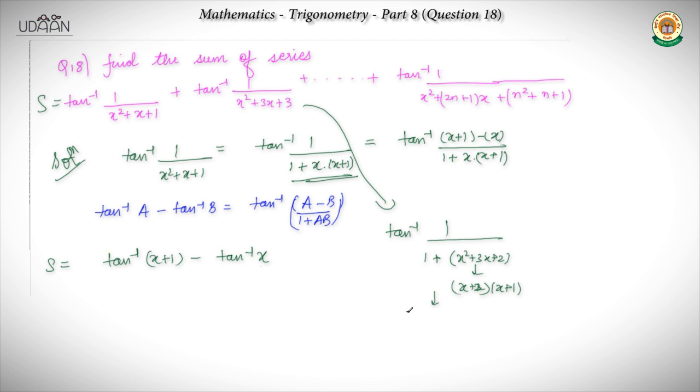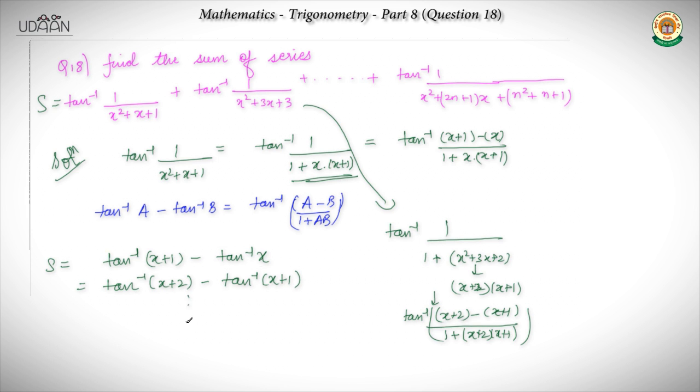So I can write this as tan inverse of (x plus 2 minus x plus 1) upon 1 plus (x plus 2) into (x plus 1), which is again applying the tan inverse of A minus tan inverse of B formula, giving tan inverse of (x plus 2) minus tan inverse of (x plus 1). Continuing similarly, I will now try to write the last term.